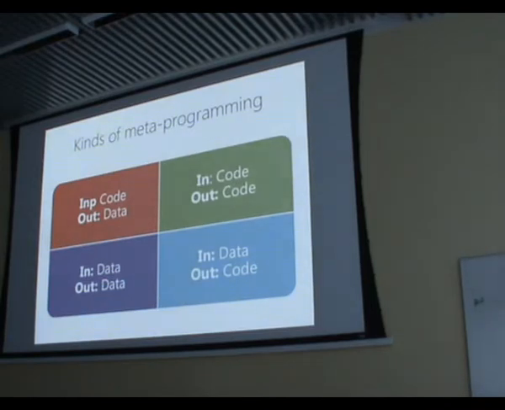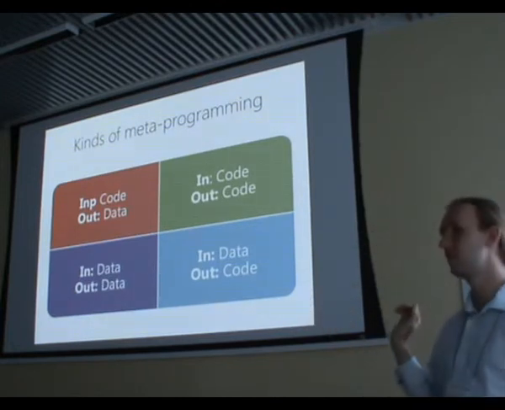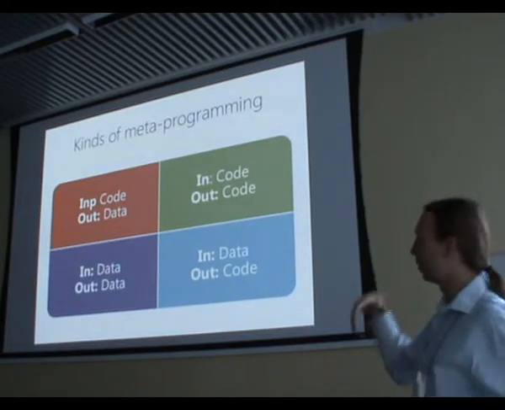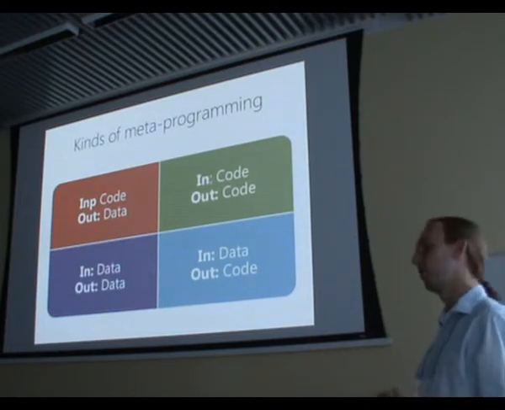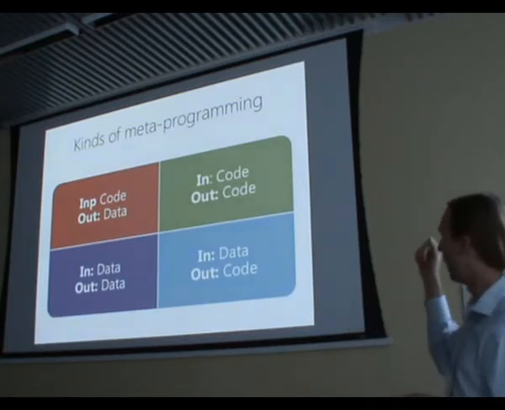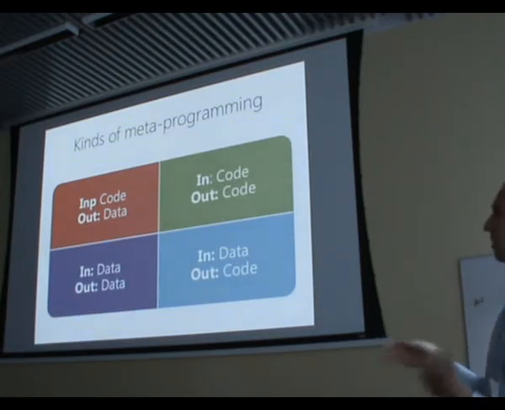When we were discussing this panel, one of the questions was what are the kinds of metaprogramming, how to classify it. My idea is that there are 4 different options: what's the input and what's the output of the metaprogram. The red bit is when we have some code as input.